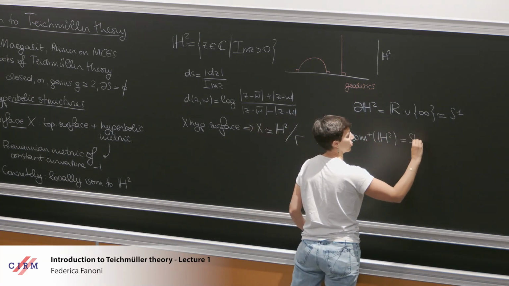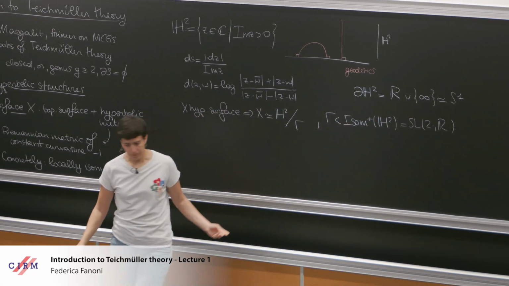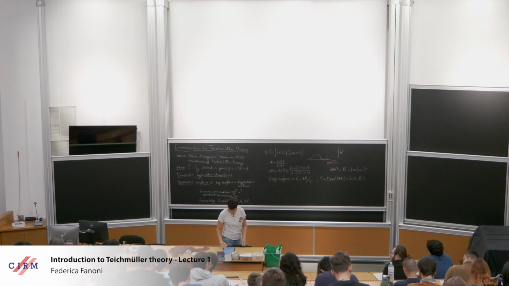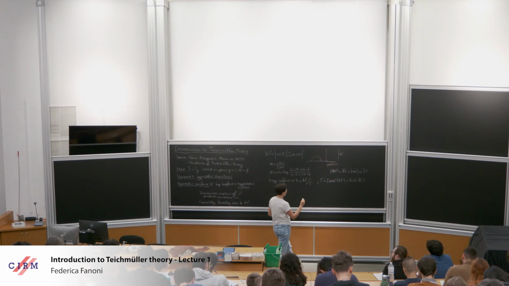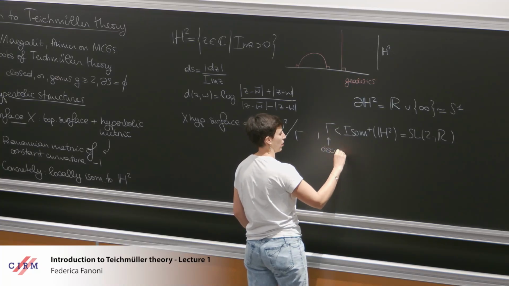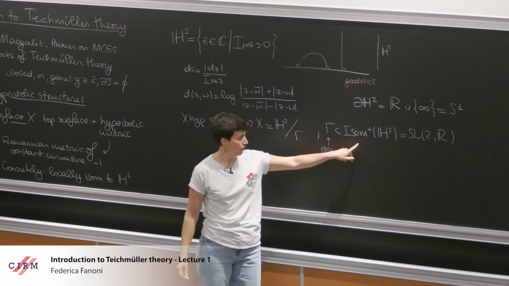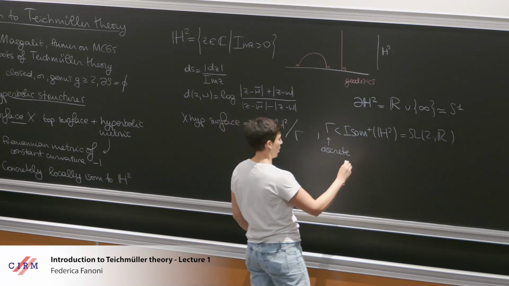And this is SL2R. You need this group to be discrete as a subgroup of the isometry group, or of SL2R if you prefer.